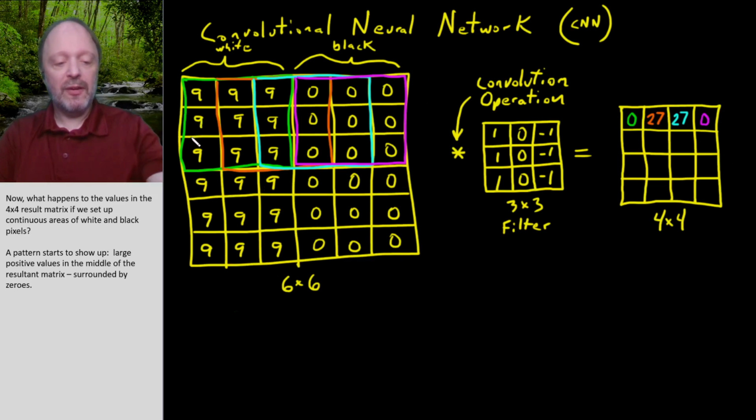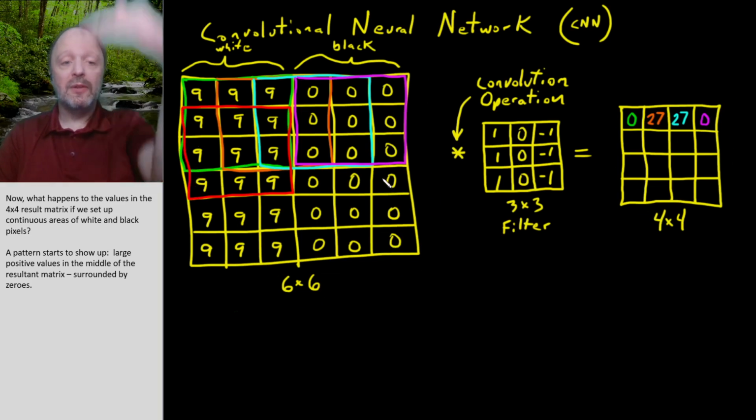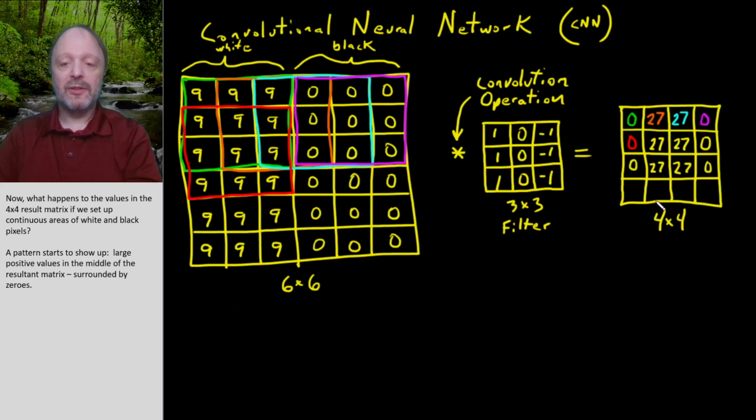Let's now shift it down one more. Let's come back over here, and you can already see what's going to happen. The values are going to repeat themselves because it's the same values as you go down this 6x6 matrix. So we're going to wind up with a 0, and then the rest of them just get filled in the same way. 27, 27, 0, 0, 27, 27, 0, 0, 27, 27, 0.